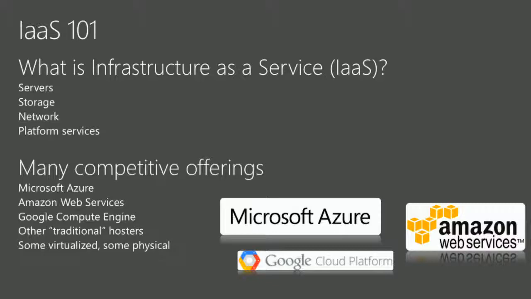There are also more traditional hosters that may offer some form of virtual machines or even a pre-configured Exchange VM that they're hosting. That's also not really what we're talking about today. This is much more about procuring VMs, basically Windows VMs, from one of these major providers and using those for Exchange.